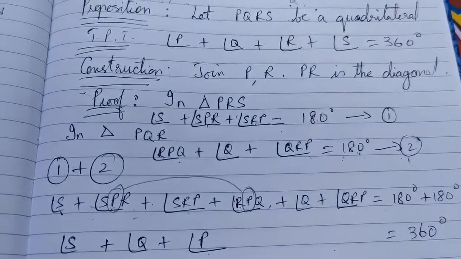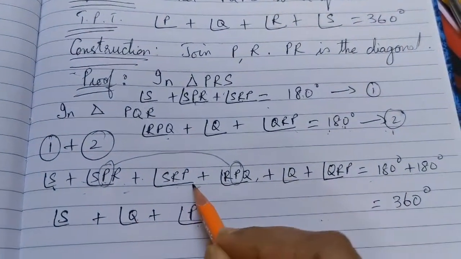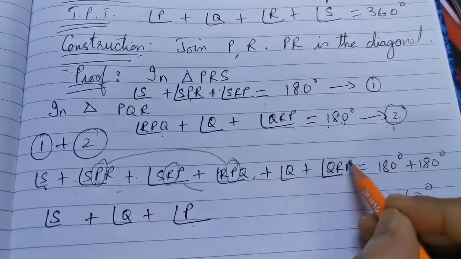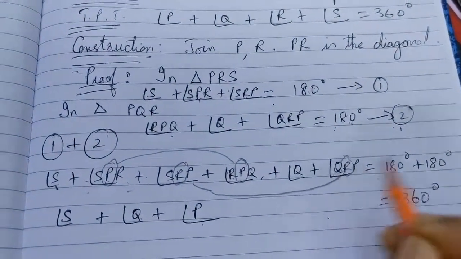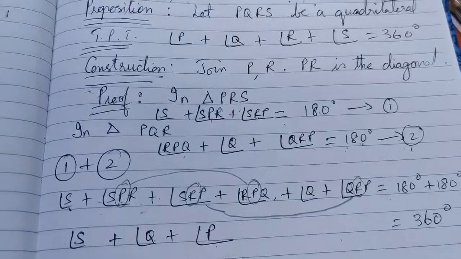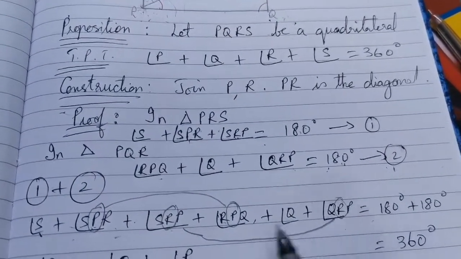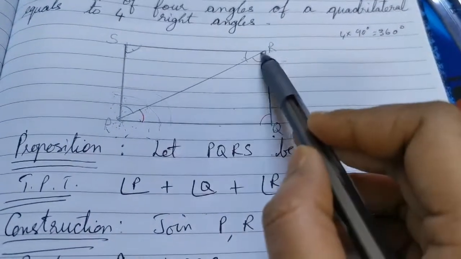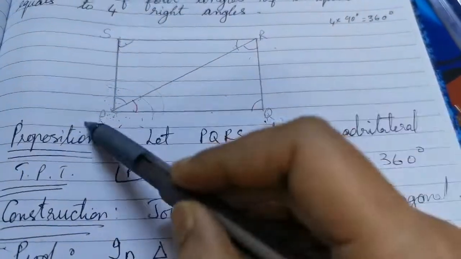Now I have already written angle Q here. Now I have R in the middle here and R in the middle here. So I will join them. So when I add SRP and QRP, let's look into the figure. SRP refers here and QRP.